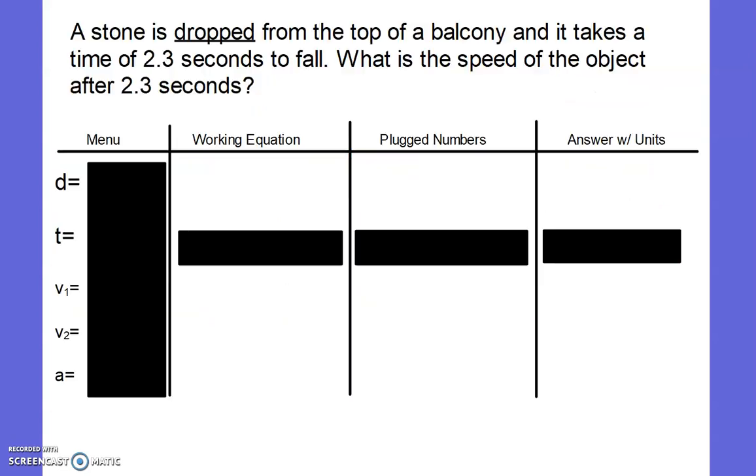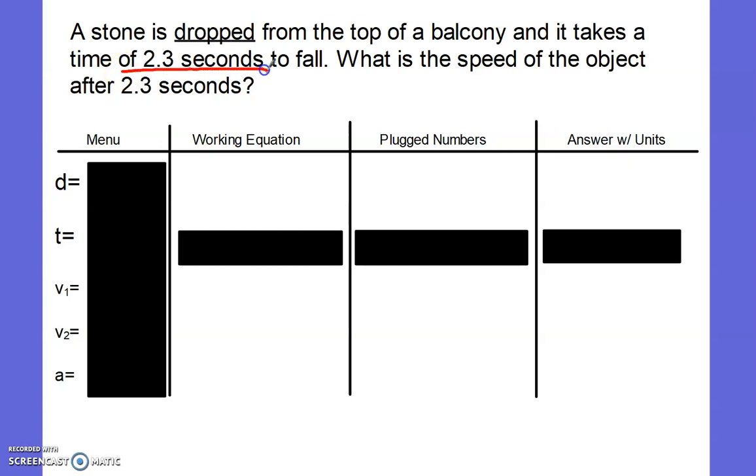We're going to go through two problems together, and I'll show you how to pick which equation you're going to use, and then we are going to solve. The first one says a stone is dropped from the top of a balcony and takes a time of 2.3 seconds to fall. What is the speed of the object after 2.3 seconds? The first thing we want to do is write down the numbers that we know.